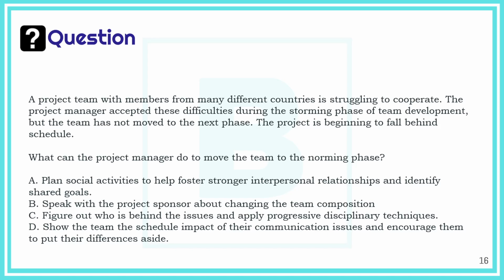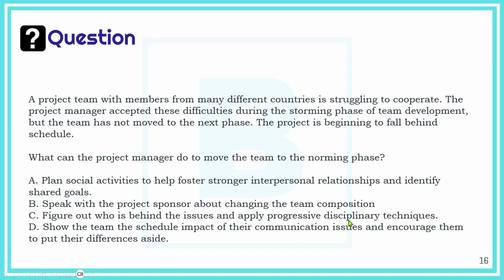Now, here we have teams from different countries. They're struggling to cooperate, and the team could not move to the next phase, could not leave the storming phase. And this is impacting the schedule. Speaking with the sponsor about it has got nothing to do with the sponsor. The sponsor will tell you, hey, you're the project manager, you solve it. Figure out who's making the issues and punish them?